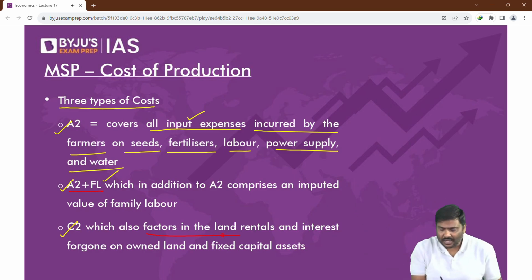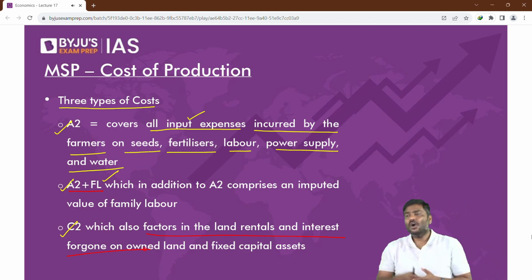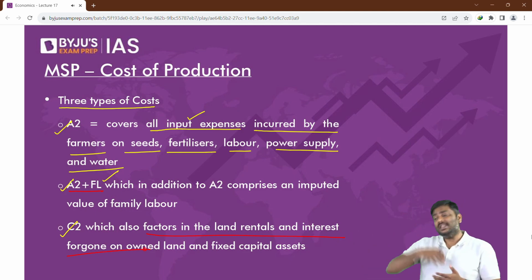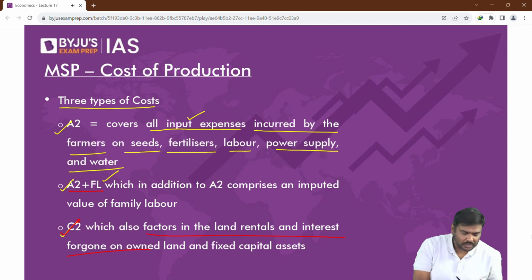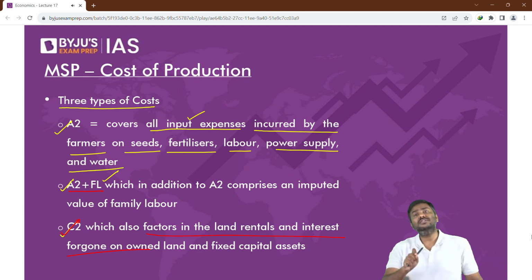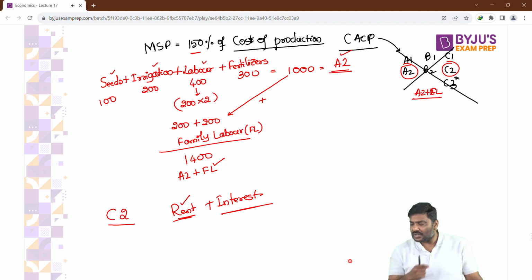In addition to all of it, I will consider other expenditures such as interest foregone on my capital assets, or land rentals that I've paid because I'm using a rental land. All these expenditures will also be counted in the calculation of C2.